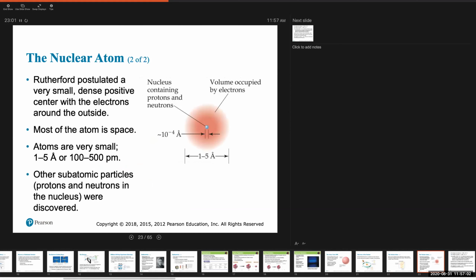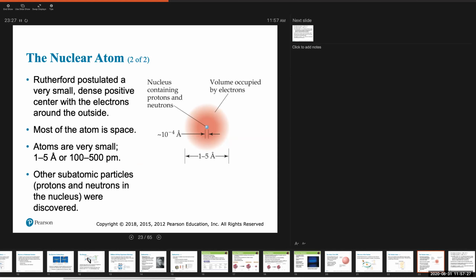So what Rutherford proposed was that you have a very small, dense, positive center, and then the electrons are all on the outside. And the other thing he proposed is that when you look at the atom, most of the atom's volume is empty, okay?